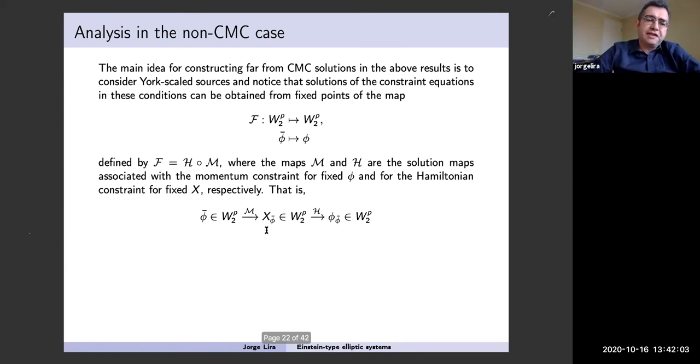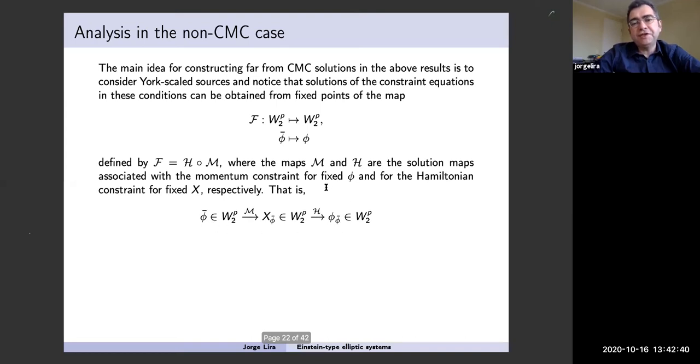Then you solve the second equation, which is the momentum. And then you plug all the information coming from that second equation, which is, for instance, the X, which is part of the traceless second fundamental form, into the first equation, and try to solve the first equation, which is the most difficult one, which is the Hamiltonian constraint. So M here denotes the momentum operator, the second equation, and H denotes the Hamiltonian operator, which is the first equation. So that's the program.